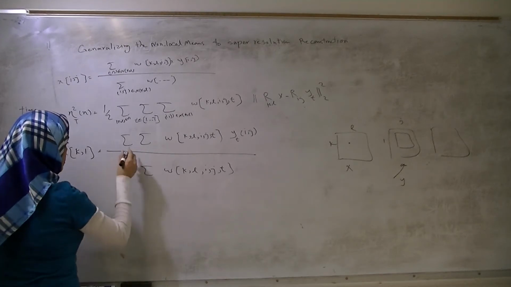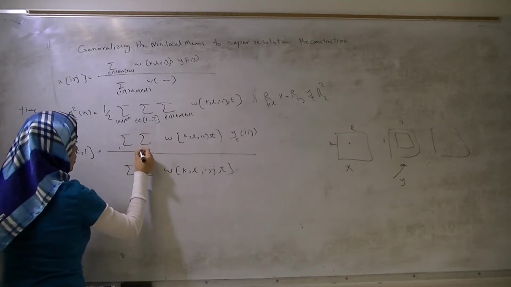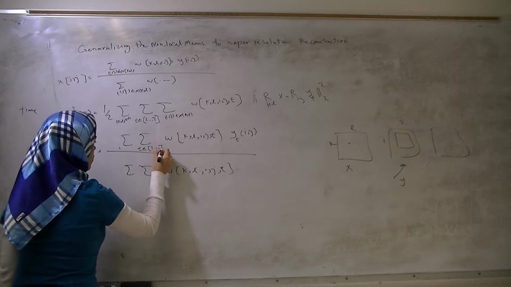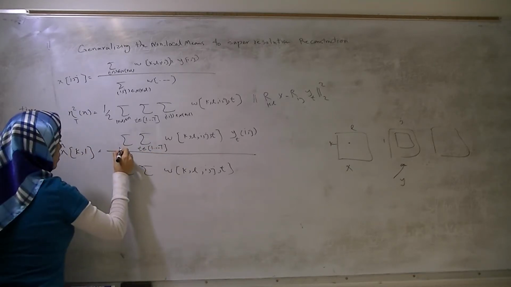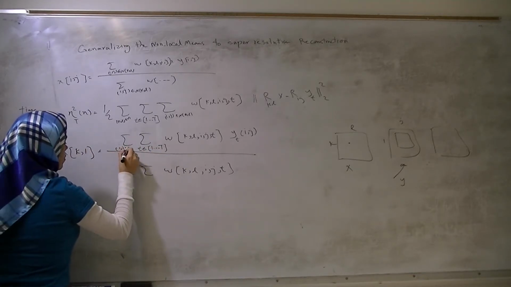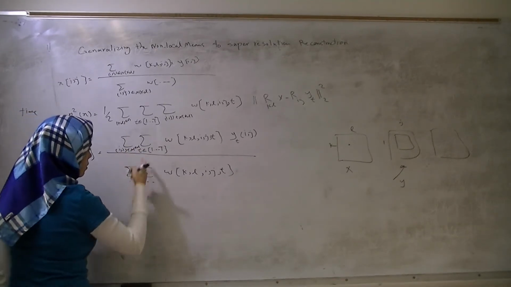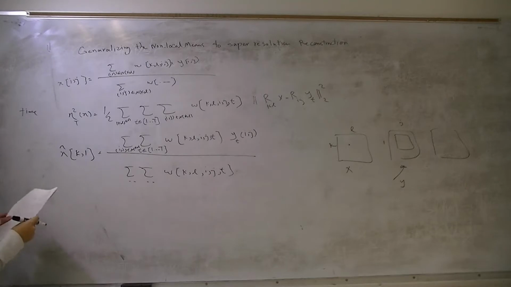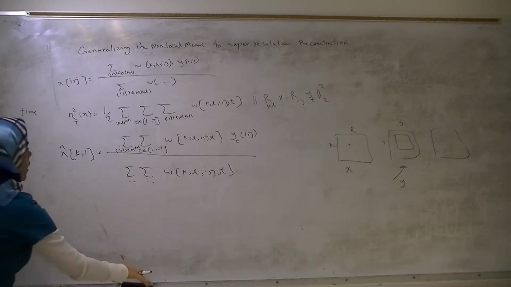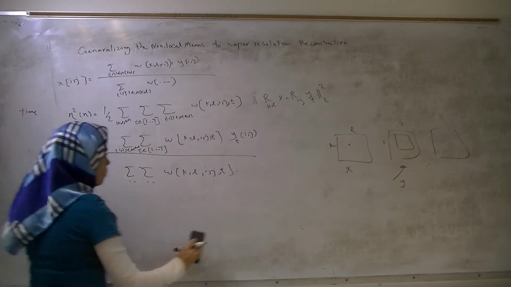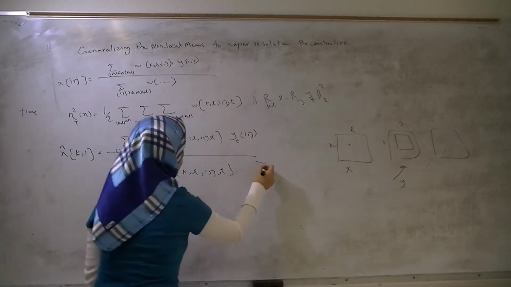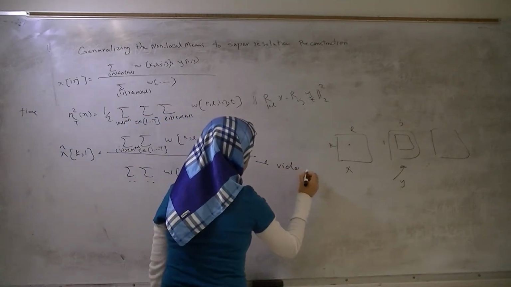And here is the same, but we have the T also here. IJ is the neighborhood of the KL. And also we are the same. Okay. Now this one is the formula for the video denoising.